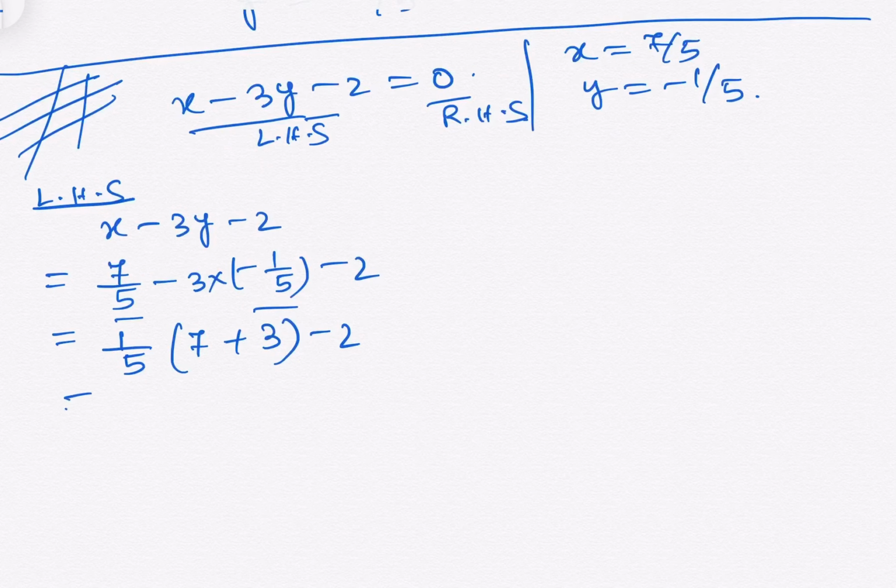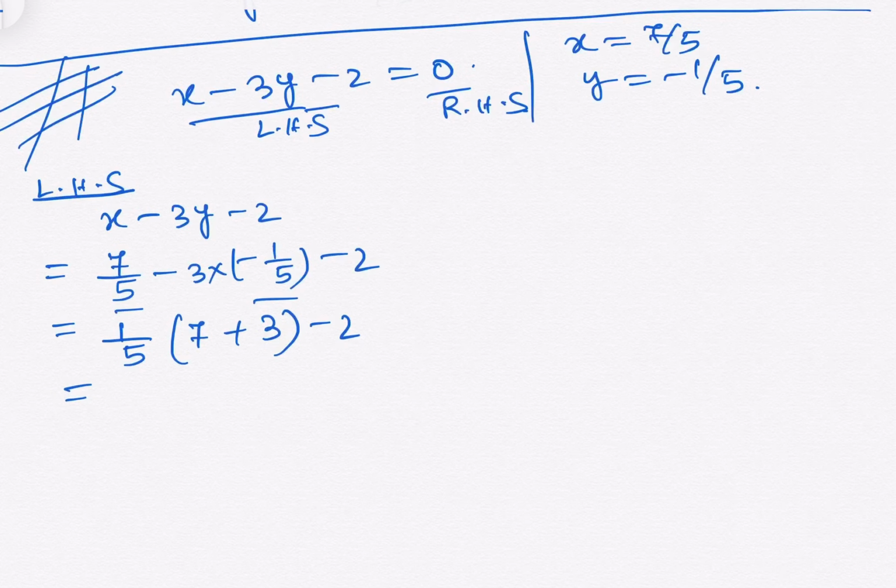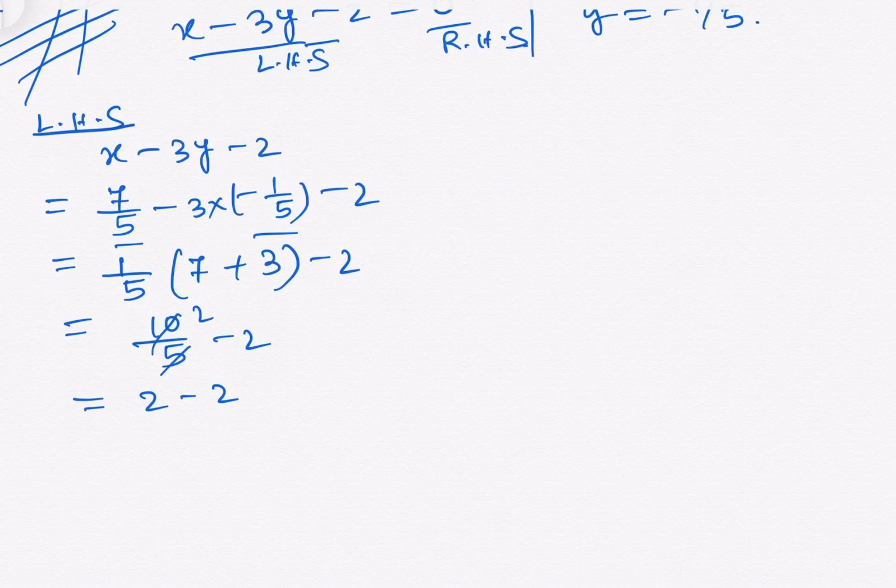So now 2 minus 2 equals to 0. So we see that our LHS part also equals the RHS part. So our answer is correct.